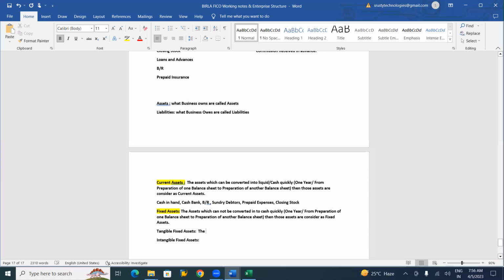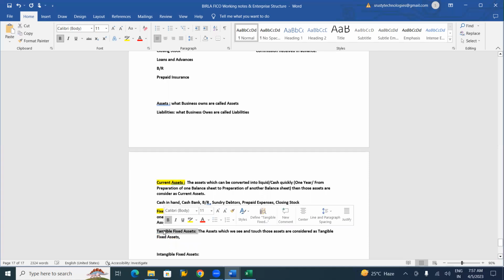The assets which we can see and touch are considered as tangible fixed assets. The assets which can be seen and touched, those are nothing but your tangible fixed assets.